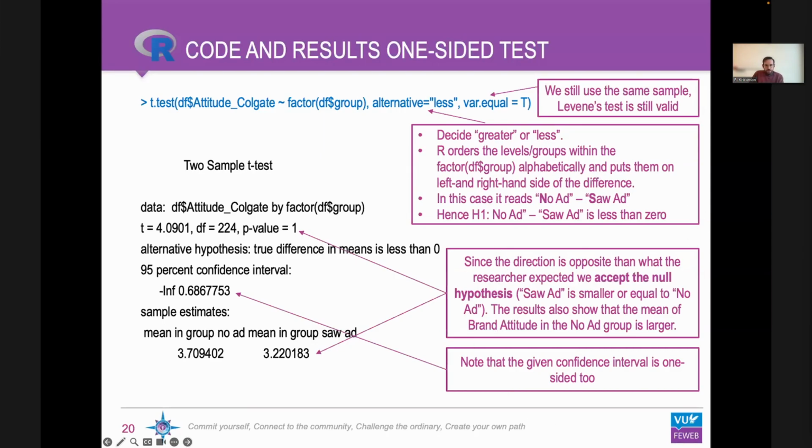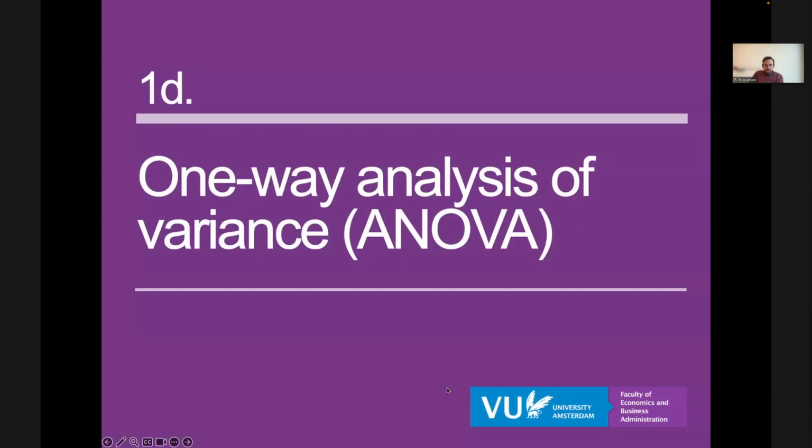Okay, now, yes, we will look at ANOVA. Before you go, I want to make a quiz, then we can take a break. So I see the time is 10 right now.